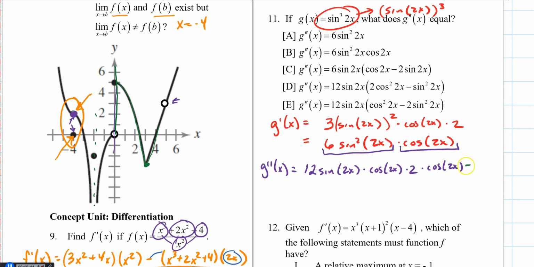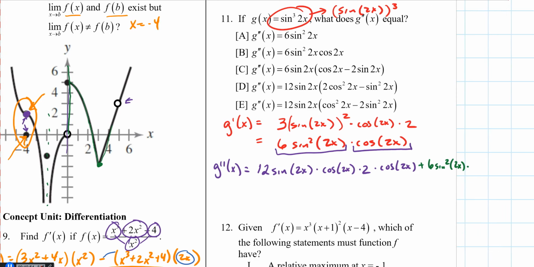And then I'm going to add that to 6 sine squared of 2x times the derivative of cosine of 2x, which is negative sine of 2x times that 2 for its chain rule.